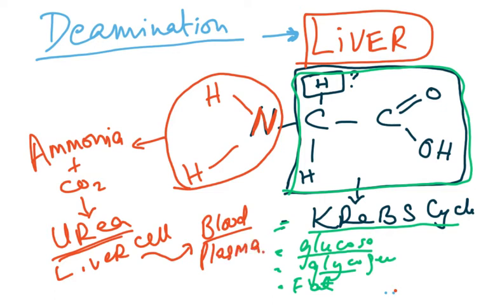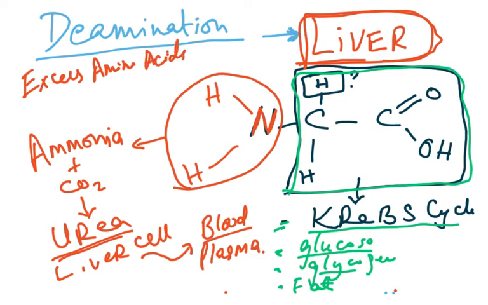So deamination takes place in the liver cells. The important thing that we have to understand is that excess amino acids cannot be stored.